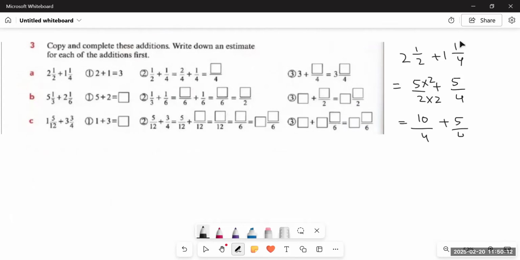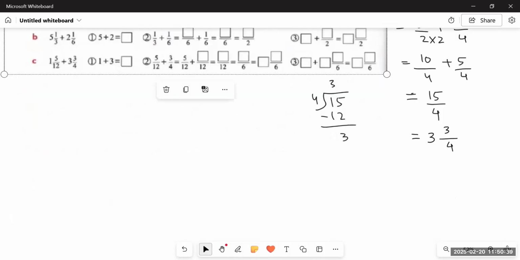This is the second step that we have to add in these types of questions where the denominators are different. And after making the denominator the same, the steps would be the same. That is 10 plus 5 is equal to 15 upon 4. So what will we do next? We will divide 15 by 4. 4 3s are 12. And the answer would be 3 whole 3 upon 4.